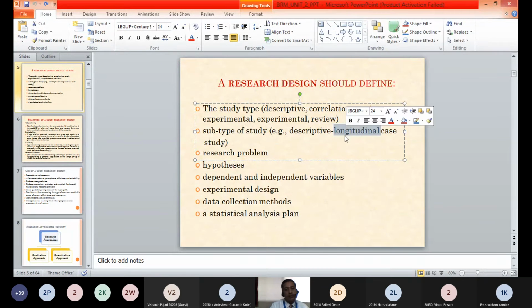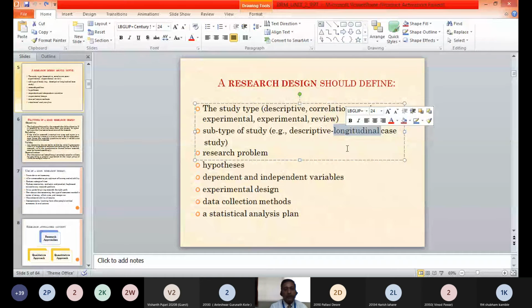However, for now, there are two types of studies, for example, cross-sectional and longitudinal. For now, I am telling you the meaning of longitudinal. Longitudinal means repetitive study. If there is a sample, and you are conducting a study on that sample again and again after a regular period, we can say that it is a longitudinal study.